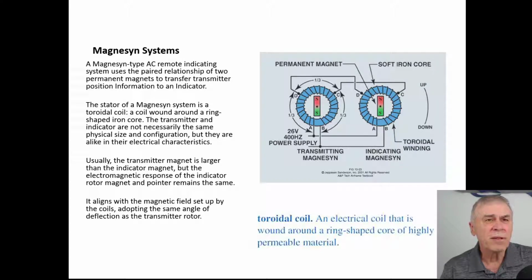All right, so let's see what we can learn from this. The Magnesyn type AC remote indicating system uses the paired relationship of two permanent magnets to transfer transmitter position information to the indicator. So both these are permanent magnets.